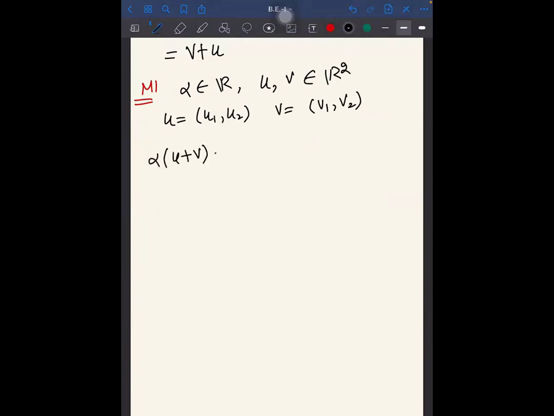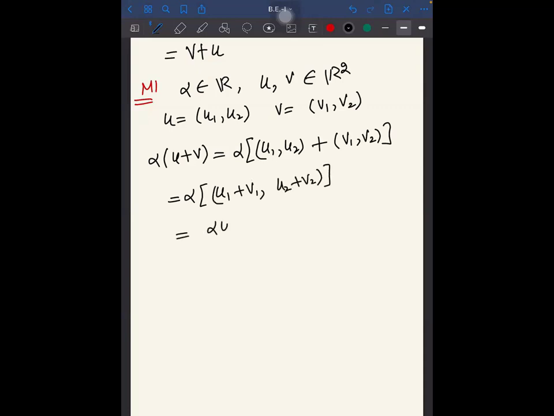That means alpha times u plus v, alpha times u1, u2 plus v1, v2, which will be alpha times u1, v1, sorry, alpha times u1 plus v1, u2 plus v2.